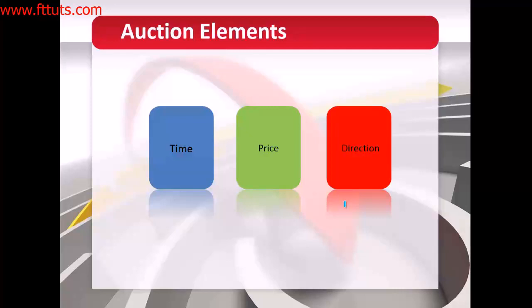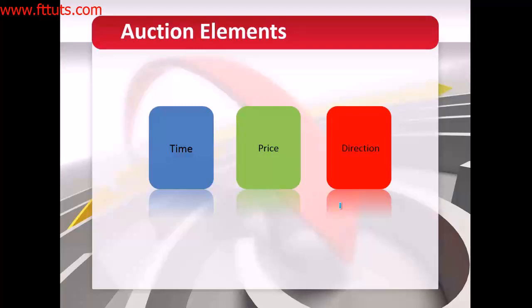Last but not least is direction. All right, so when we're looking at an auction, we want to know the duration of the auction that we're looking at, the price that is going on in that auction, and the direction. Which way is that auction really moving? Now, keep in mind that you could have a weekly auction that is moving lower, and yet an hourly auction that's moving higher.